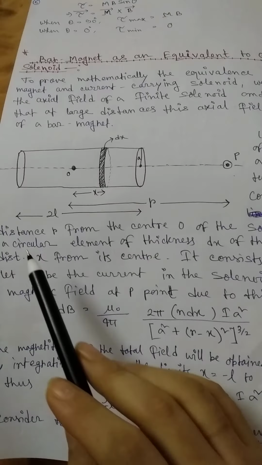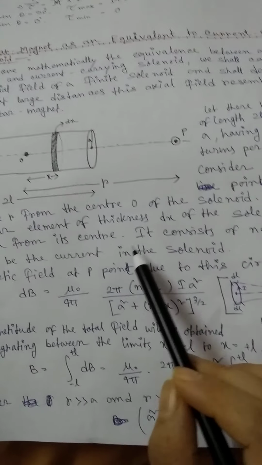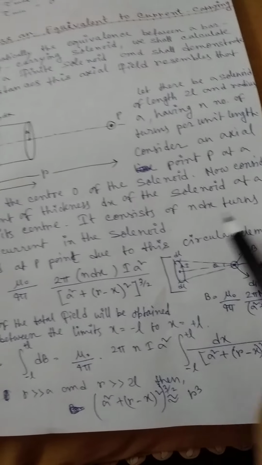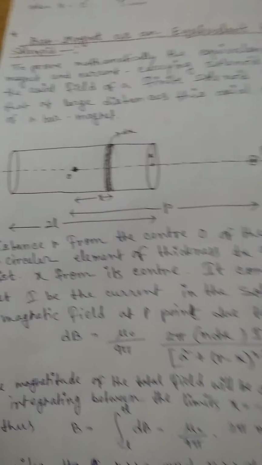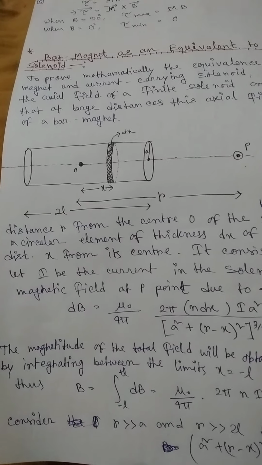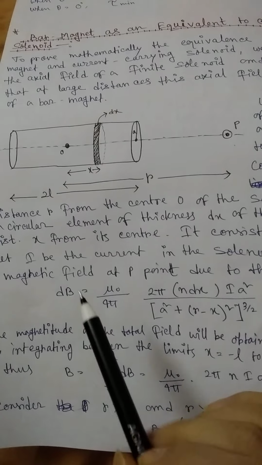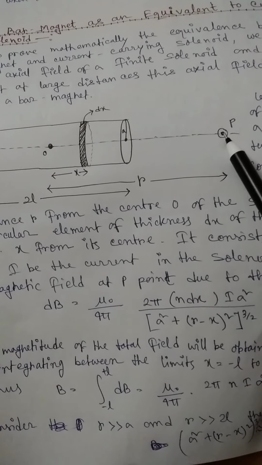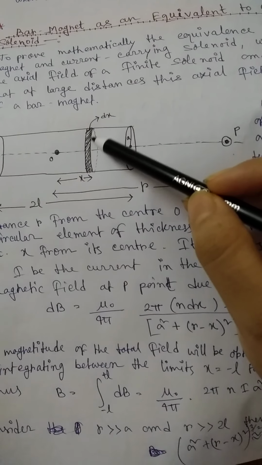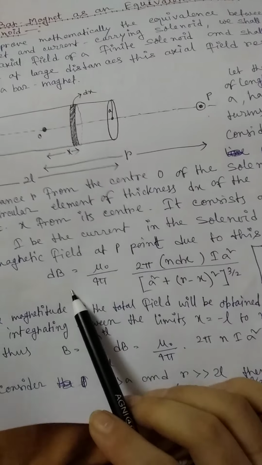Now consider a circular element of thickness dx of the solenoid at a distance x from its center. It consists of n dx turns. Let I be the current in the solenoid. That means I is the current passing through each and every turn. If dB is the magnetic field at point P due to this circular loop, then dB equals what?